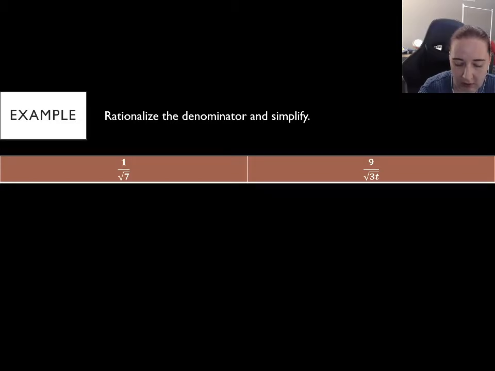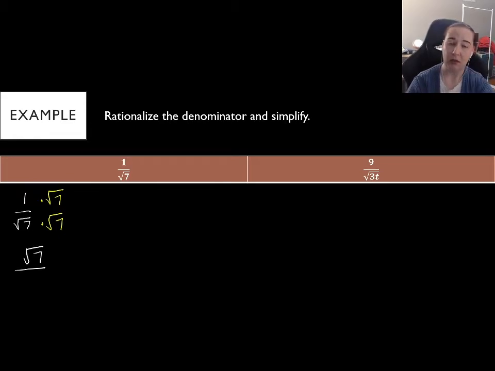So I can get my pen to work. I have 1 over the square root of 7, and I'm going to multiply by the square root of 7 on the top and the bottom. When you multiply those, 1 times the square root of 7, you just end up with the square root of 7.